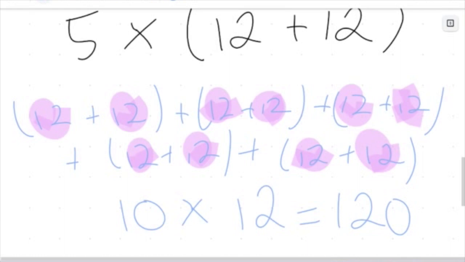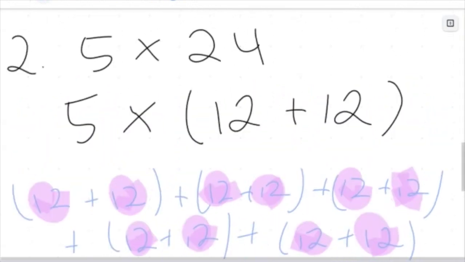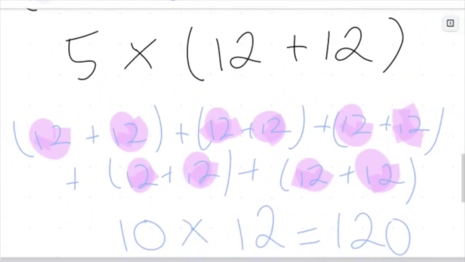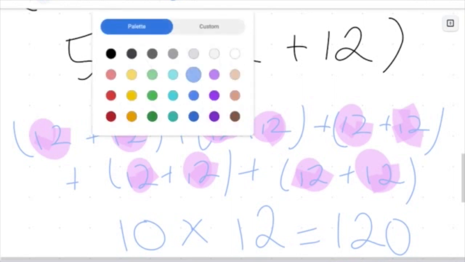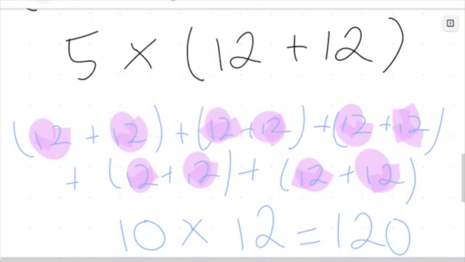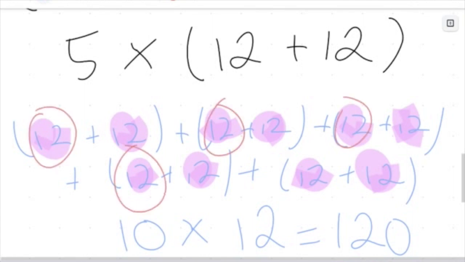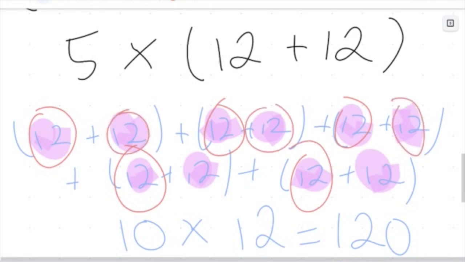But let's just look at what we did here. Because in doing this, when this 5 multiplied by both these things inside my brackets, well, I thought of this as, I have 1, 2, 3, 4, 5 12s here. And I added that with 1, 2, 3, 4, 5 12s.